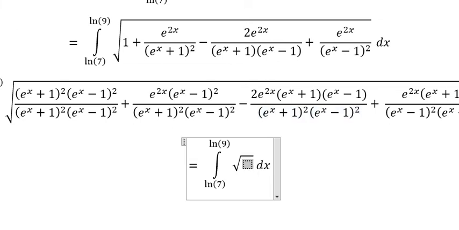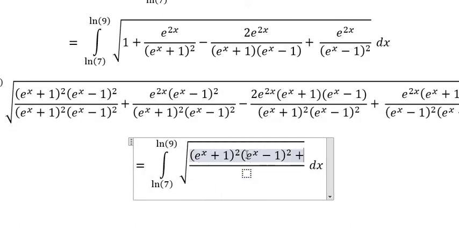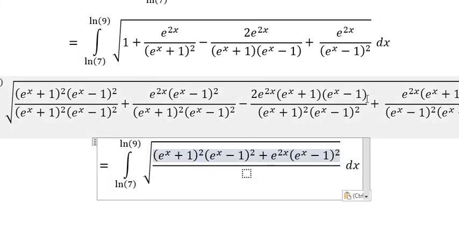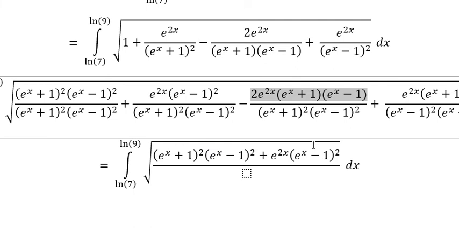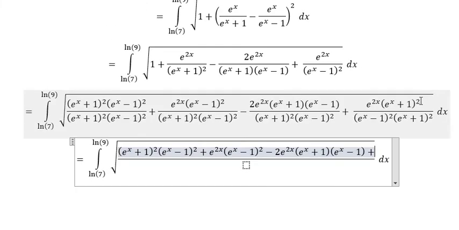So this one we have this one, this one, this one, and this one.